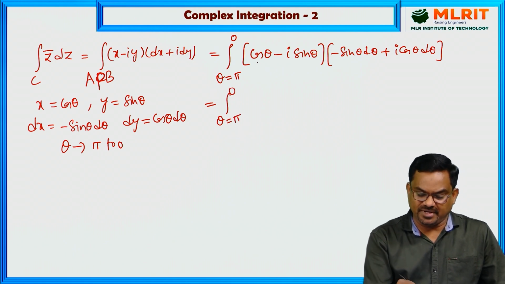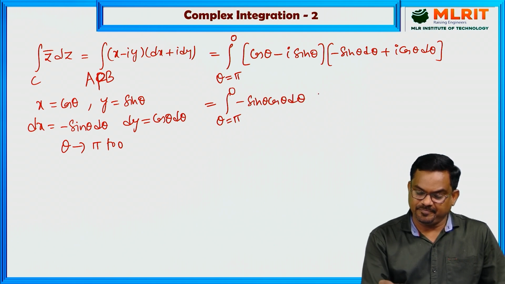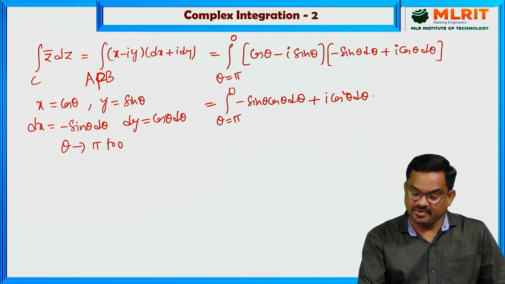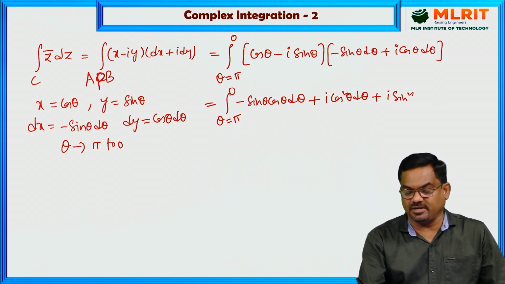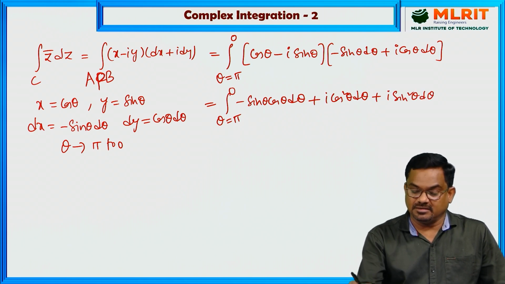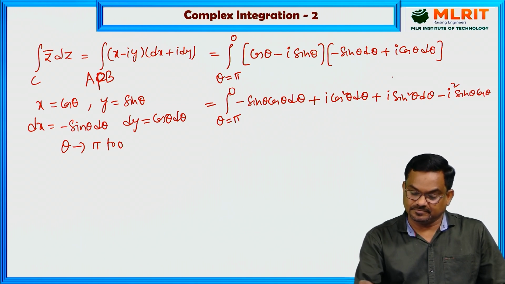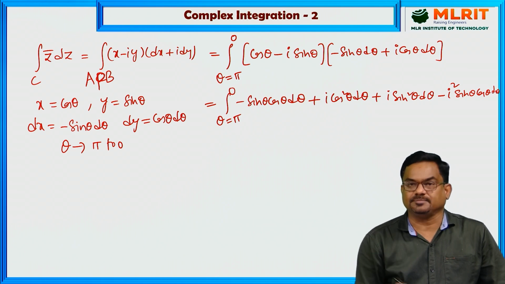Now the first one, cos theta into this, so minus sin theta cos theta d theta plus i cos square theta d theta, minus minus plus again i sin square theta d theta, and the last one minus i square sin theta cos theta d theta.